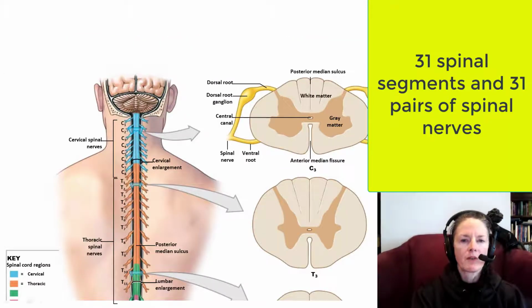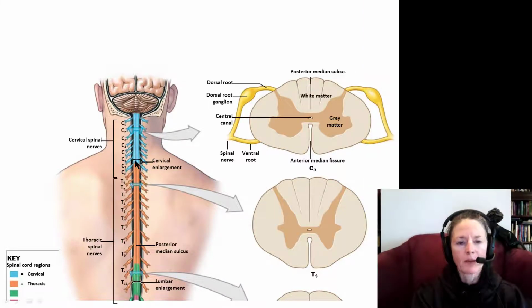So we have 1 more cervical spinal nerve, or spinal segment, I should say, than we have cervical vertebrae. Each one of these is named for an associated vertebra. C1 is associated with the atlas, C2 with the axis, and so forth.